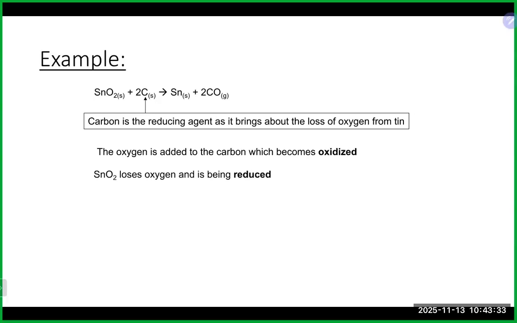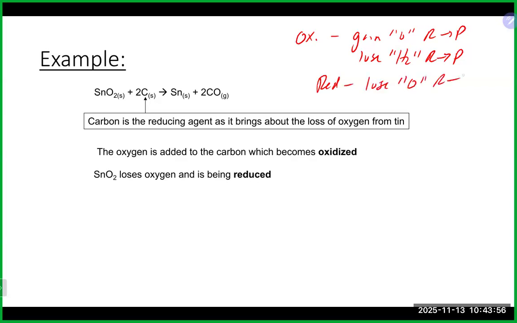So as I mentioned before, there's a couple other definitions of oxidation and reduction. And like I said, we're not going to probably see too much of it in here. But as I mentioned, oxidation is gaining oxygen from reactants to products or losing hydrogen from reactants to products. Then reduction has the opposite definitions: losing oxygen from reactants to products and gaining hydrogen from reactants to products.